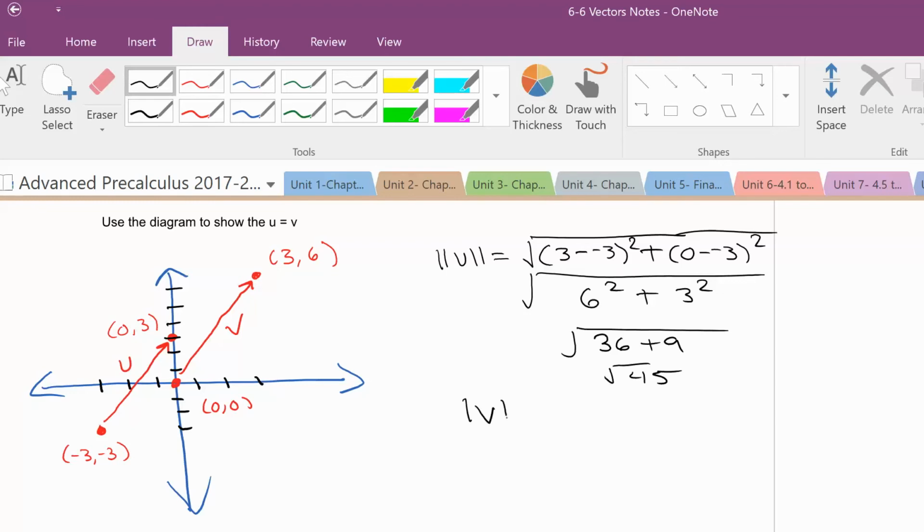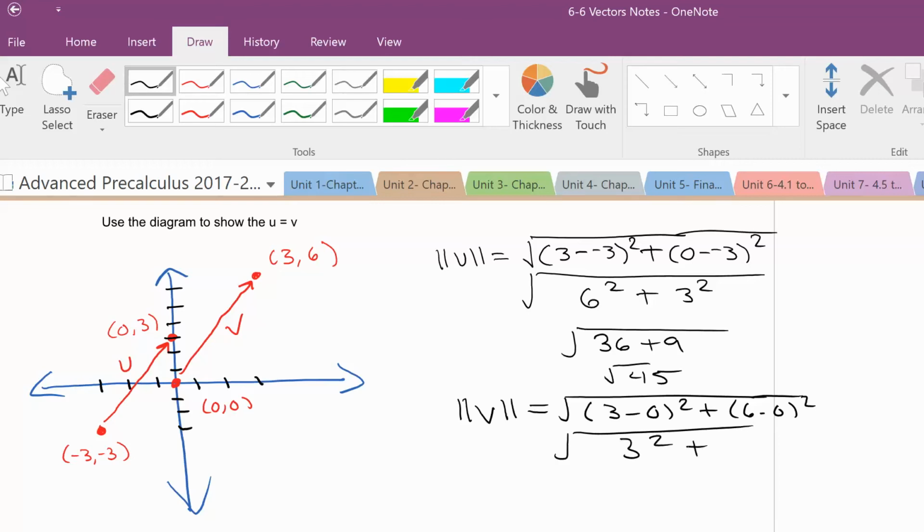And then v, we'll go 3 minus 0 squared plus 6 minus 0 squared. So we get 3 squared plus 6 squared, which is the square root of 45. So we've proven that they have the same magnitude.